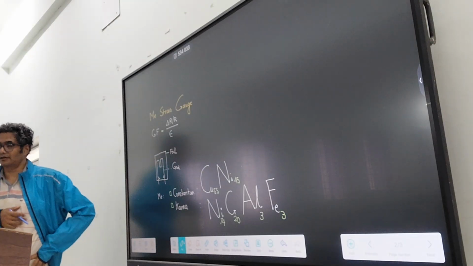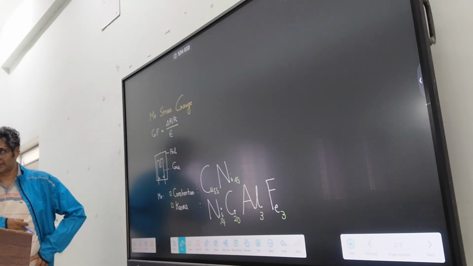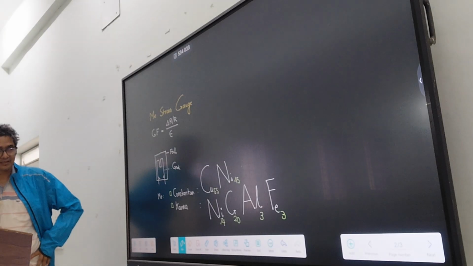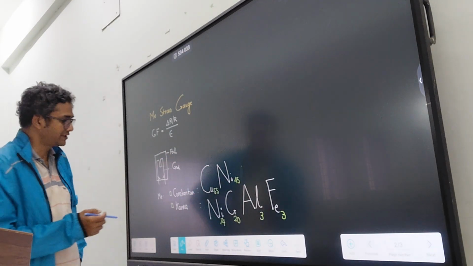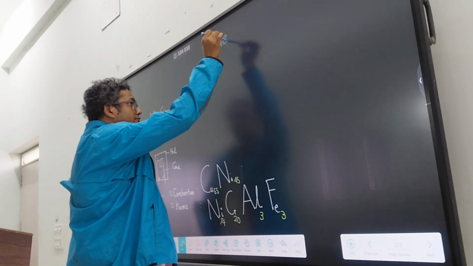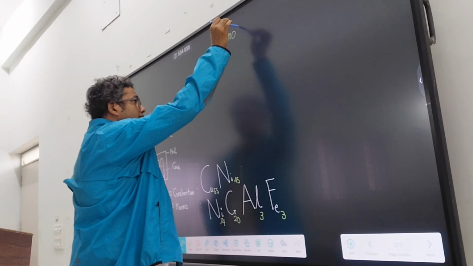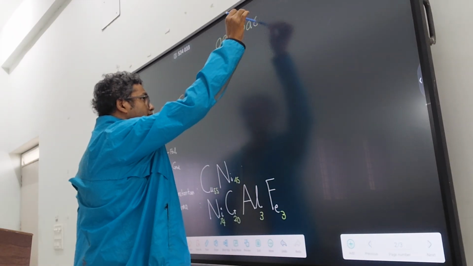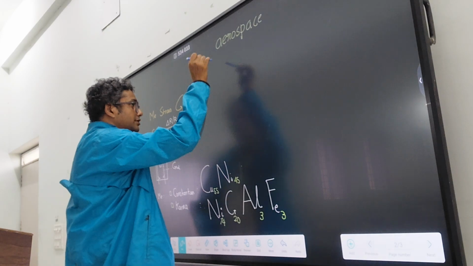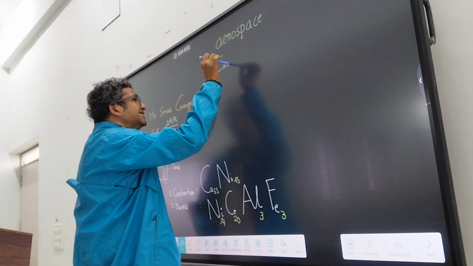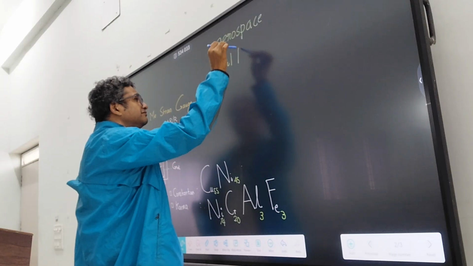By the way, what is the application of a metallic strain gauge? Where can we use this sort of sensor? It's got different applications. First application is in aerospace. Second application is in civil engineering.